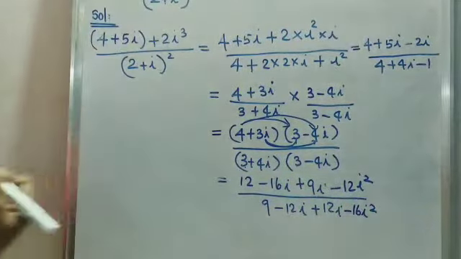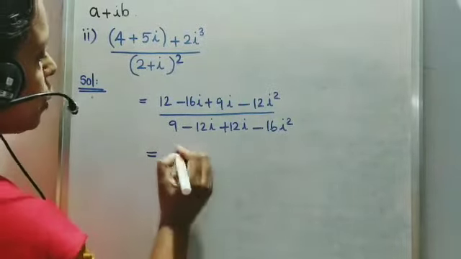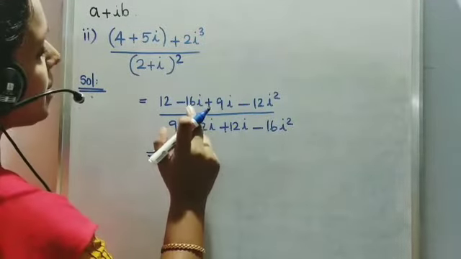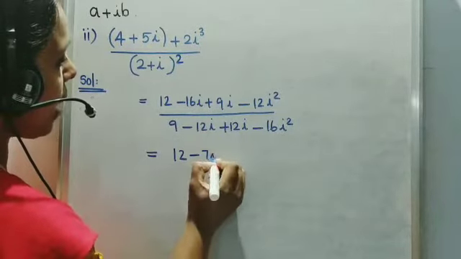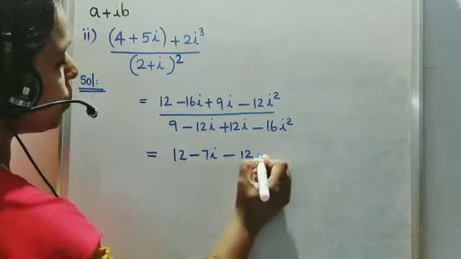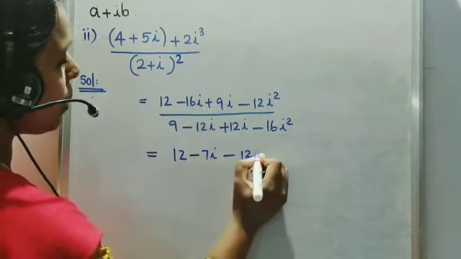Clear? Now this is equal to 12, minus 16i plus 9i, that is minus 7i, minus 12 into i², which is negative 1, divided by 9, where minus 12i plus 12i get cancelled. We get negative 16i², which is minus 1.